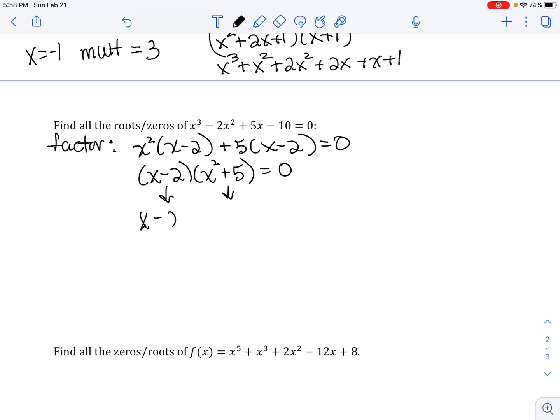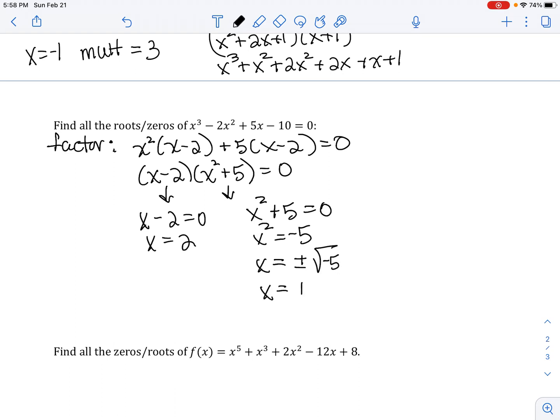Solve. X minus 2 equals 0, x equals 2. X squared plus 5 equals 0, x squared equals -5, x equals plus or minus root -5, x equals plus or minus i root 5.